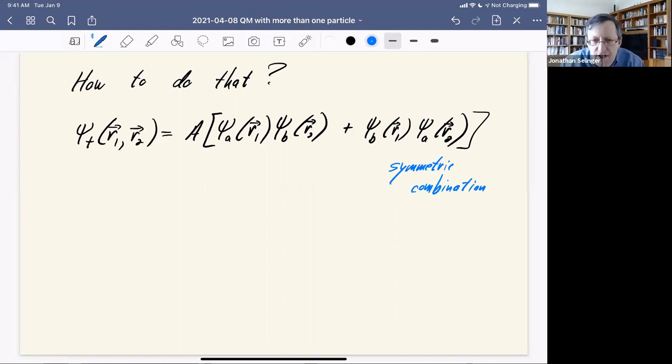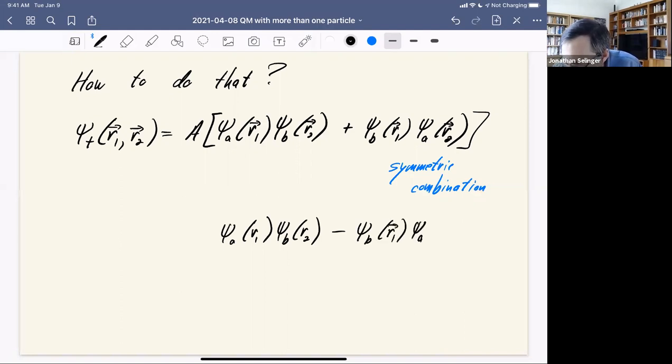There's another way that you could achieve the same thing. You can take this product, psi A of r1 psi B of r2, and subtract the other one, psi B of r1 psi A of r2, times a normalization constant.